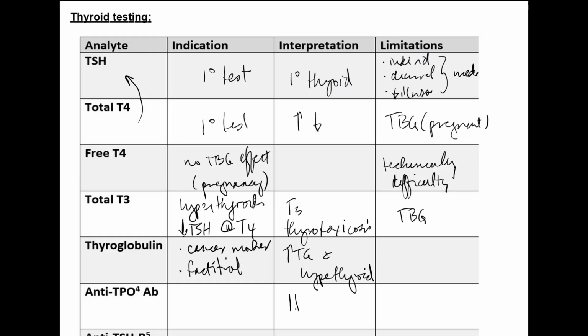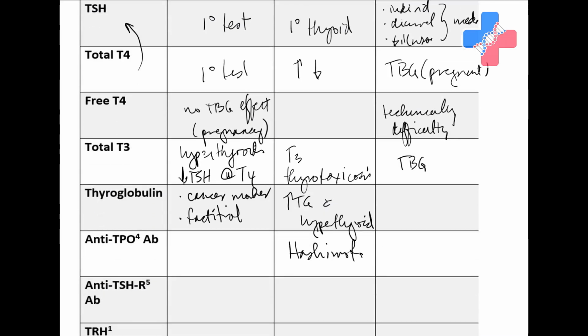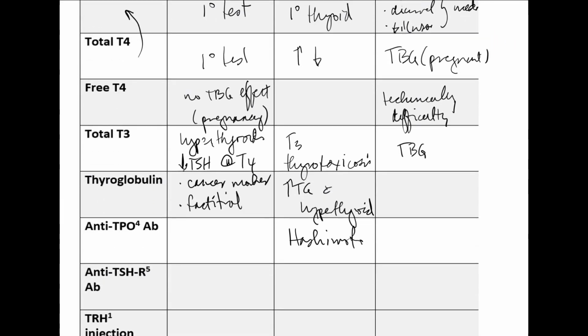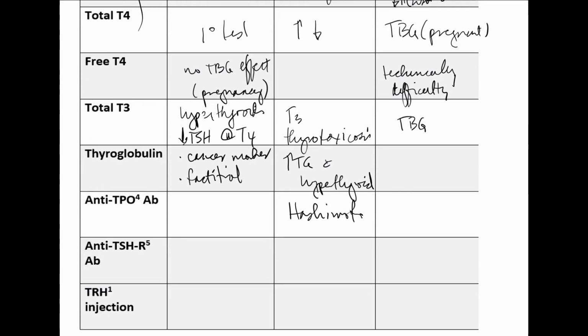Anti-TPO is a great test in Hashimoto's thyroiditis because TPO is a protein specific to the thyroid. Anti-TSH receptor antibodies are positive in Graves' disease, and TRH injection is now an outdated test. Before we had third and fourth generation TSHs, but obviously one could look for it in secondary and tertiary disease.